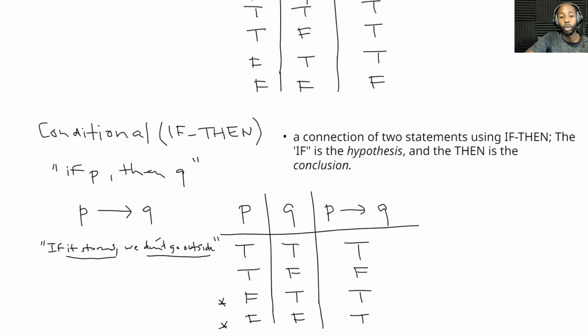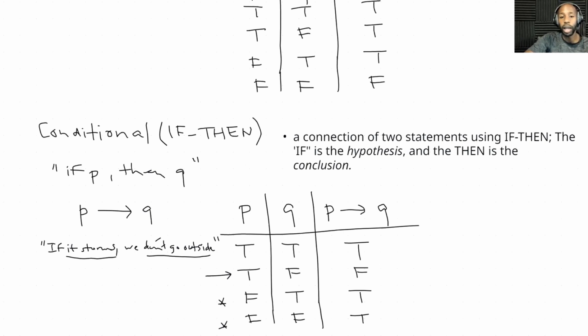However, going back to the one false statement, because this whole thing is true for sure, if the hypothesis is true, the conclusion cannot be false. When it storms, you don't go outside, period.